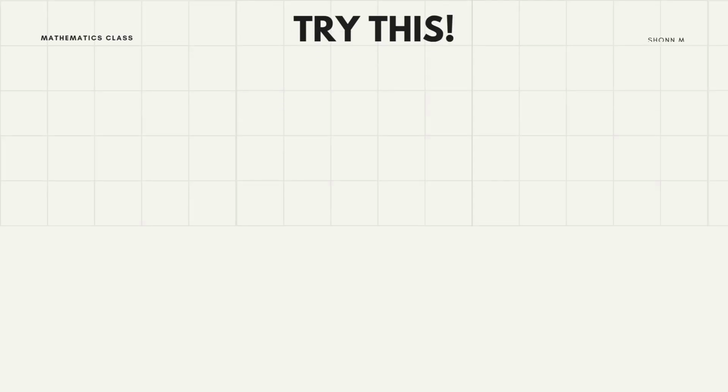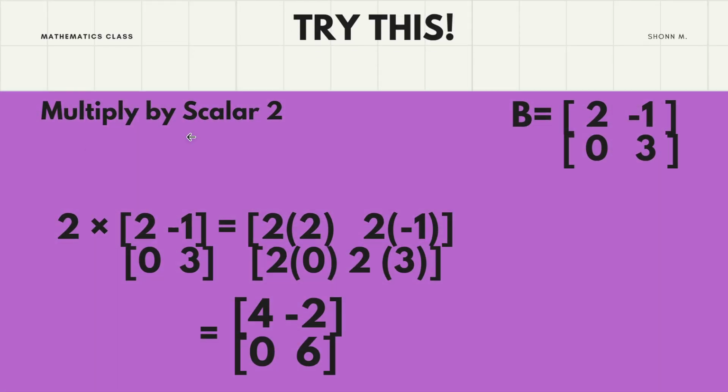Okay, so the answer for that is, again, we have to multiply every entry in the matrix. So 2 times 2, 2 times negative 1, 2 times 0, 2 times 3.